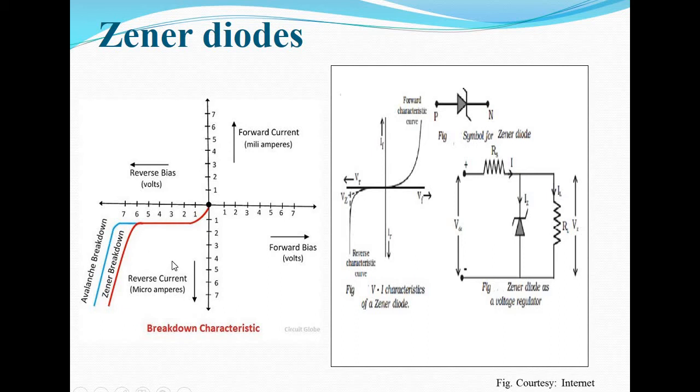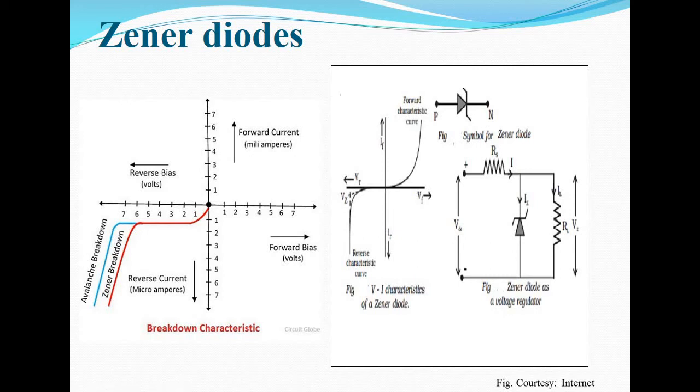Now in the case of the Zener diode, there is a concept called Zener breakdown. Here you can see this is the Zener breakdown and this is the avalanche breakdown. So we are going to see the difference between avalanche breakdown and Zener breakdown.